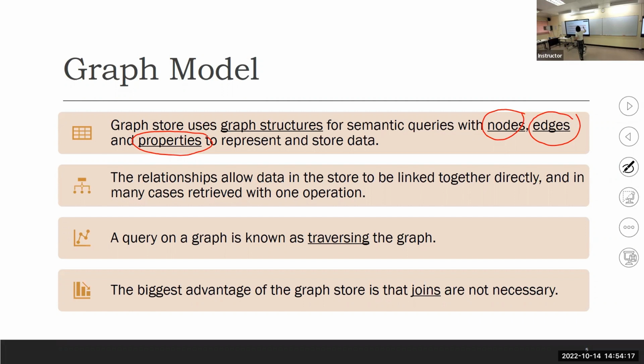And the link itself could be directional or not directional, bidirectional or unidirectional. It depends.